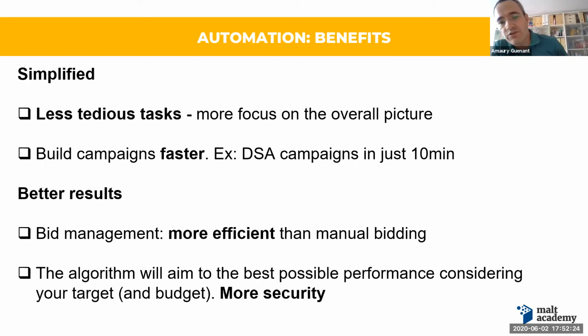This kind of thing will not happen with automatic bidding, because you're giving the system a target. Of course, you can put a maximum CPC and your CPA target. It's not like you're completely on a free ride. For example, if you put a €50 target CPA, you can say, I don't want to bid higher than €10. So it's kind of your security. And big mistakes that could happen when you're doing things manually will not happen.